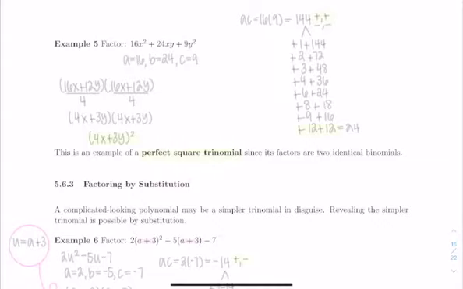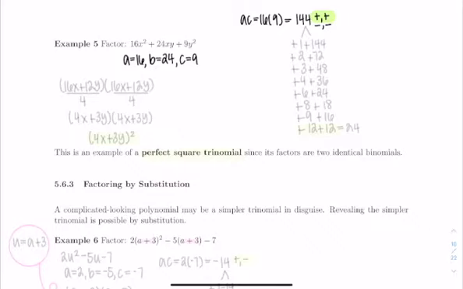So we're going to go straight and find A, B, and C. So A is 16, B is 24, and C is 9. And so A times C is 16 times 9, which is 144. Because it's positive, we have our two choices, but we know it's two positive signs because B is positive 24.